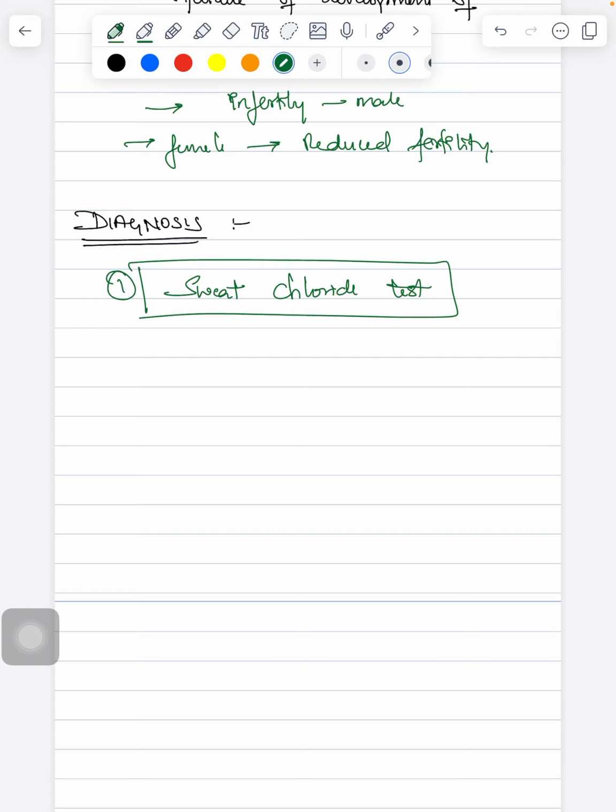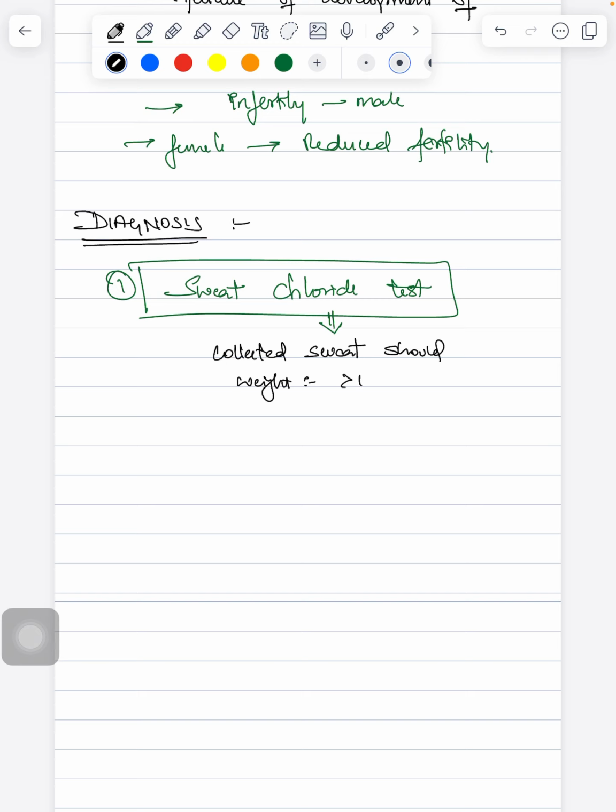For the sweat chloride test, you can collect sweat from the forearm of a child by giving pilocarpine iontophoresis. The collected sweat should weigh at least more than 100 milligram.